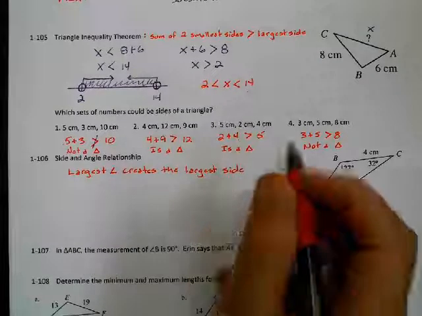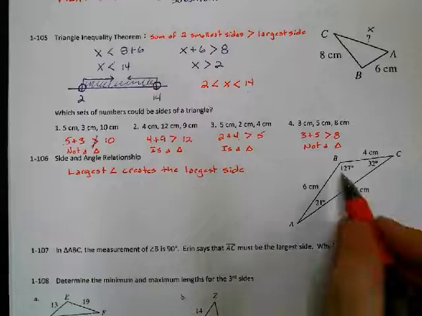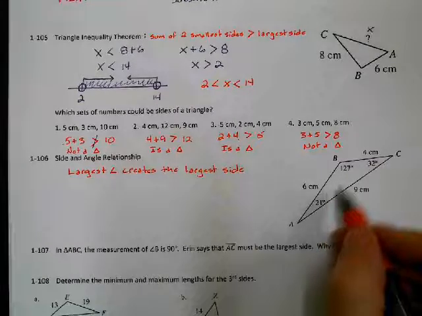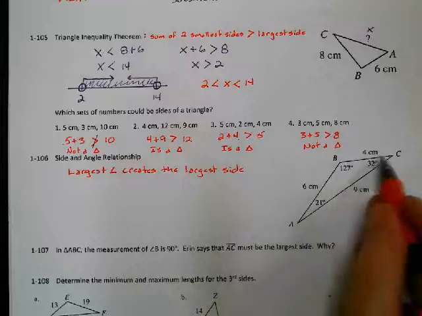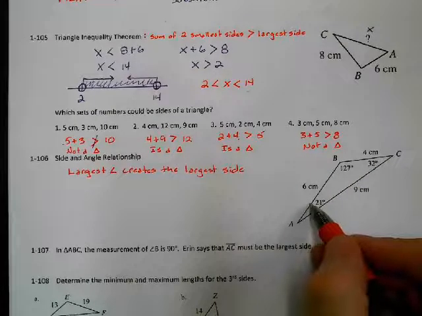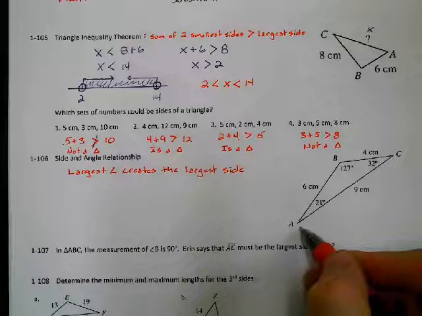Now, basically, the two sides that don't touch the angle is what it's creating. So this 127, 4 touches it, so it's not creating that side. 6 touches it, so it's not creating that side. So the 127 is creating this side over here, this 9 centimeters. So biggest angle creates the biggest side.